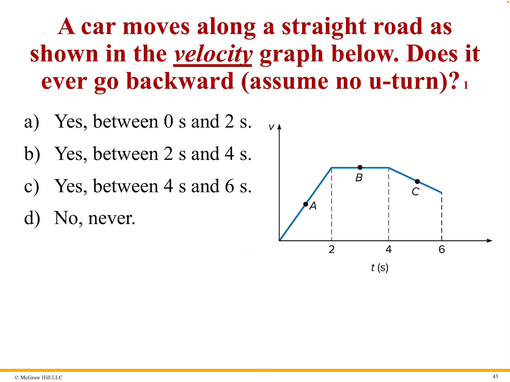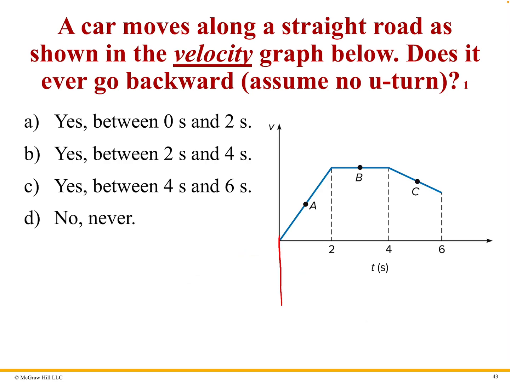This shows a car moving along a straight road as shown in the velocity versus time graph below. Does it ever go backward? Assume no U-turn. This is different because it's a velocity versus time graph.